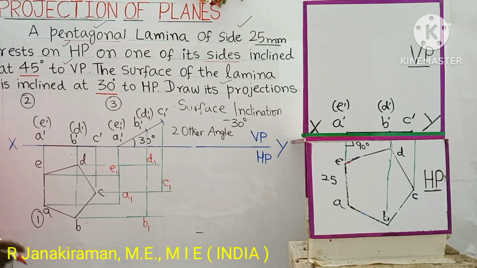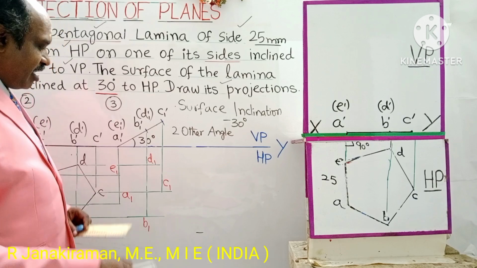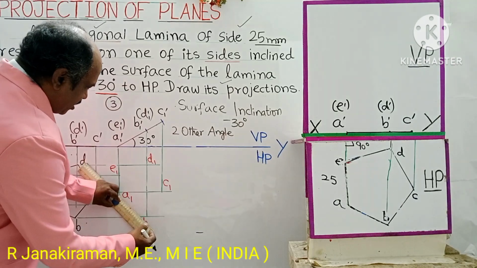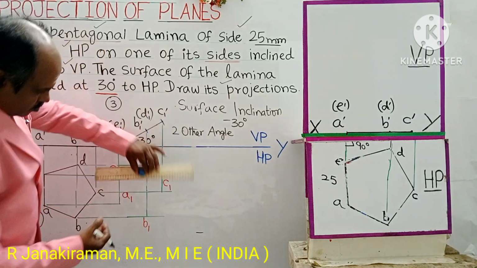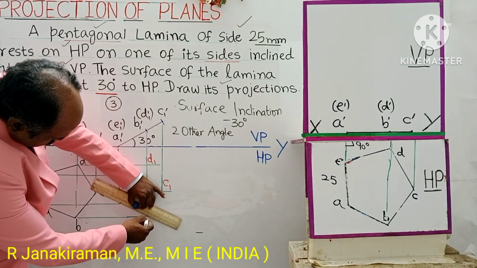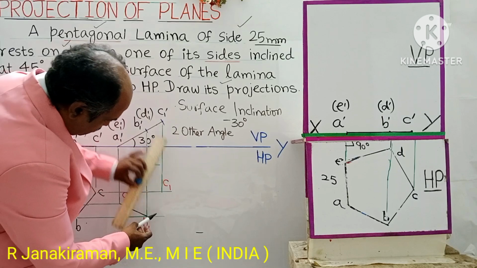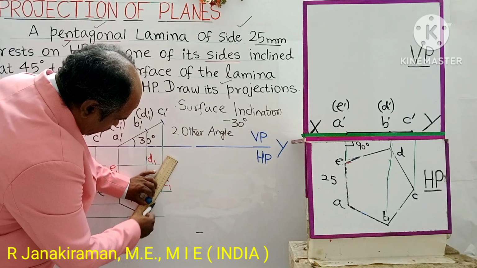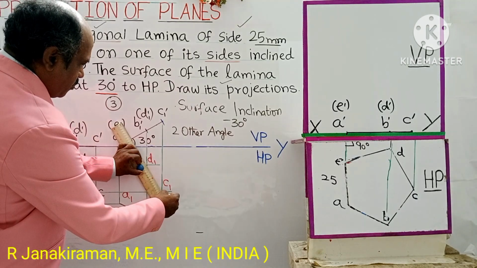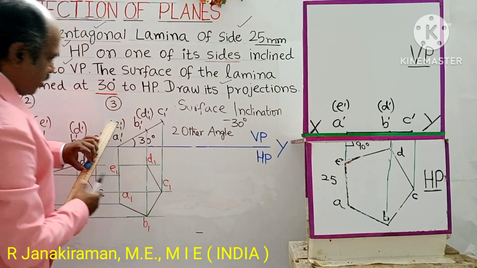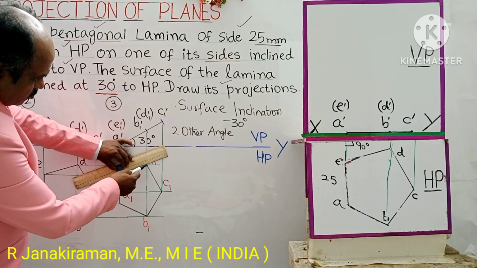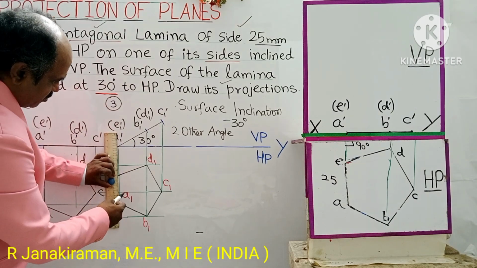So then and there you mark the letters so that you will not get confused. Join all the marked points using your freehand scale and an HB pencil or H pencil, as this is to be an object line, starting from A. Join A1 dash, B1 dash in sequence, B1 with C1, C1 with D1, D1 with E1, E1 with A1.